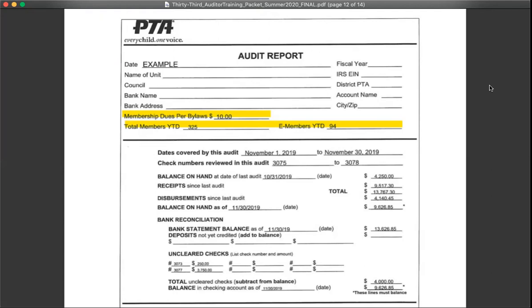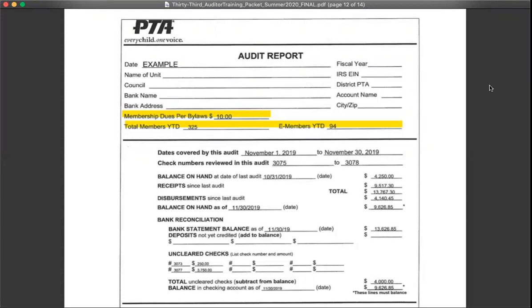Okay, great. Thanks, Lena. And then new also is the membership dues, and you look this up in your bylaws, and it will state the amount of dues that you should be charging. It's usually $10, but check your bylaws to make sure. Sometimes it's $7, $12. And then total memberships year to date. These are the memberships that have been received. And remember we talked about memberships received and remitted.